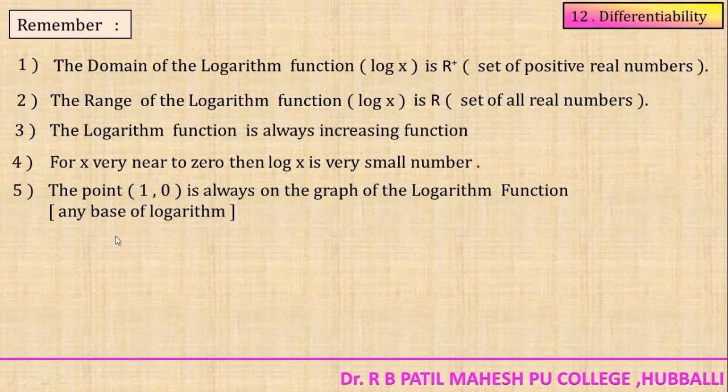If x is 1 and the base is any number, the logarithm of 1 we get as 0, because as I said, the logarithm of the number is nothing but the index of the base. Therefore, any base logarithm, if you draw the graph, that graph always passes through the point (1, 0). It is just like the exponential function. Listen carefully.